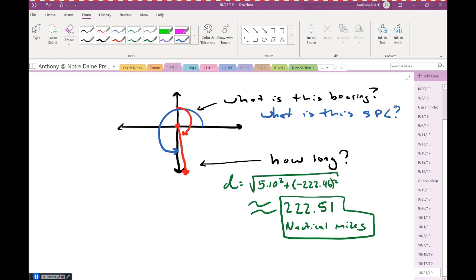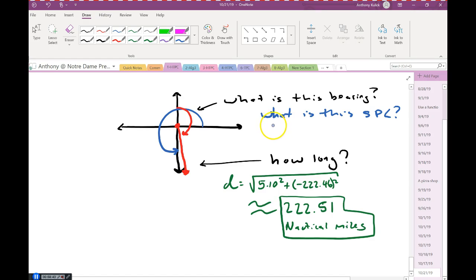We're first going to calculate what is this standard position angle, and then we're going to convert that into a bearing, since we don't have a tool to go directly from an angle measure or from this point to a bearing.